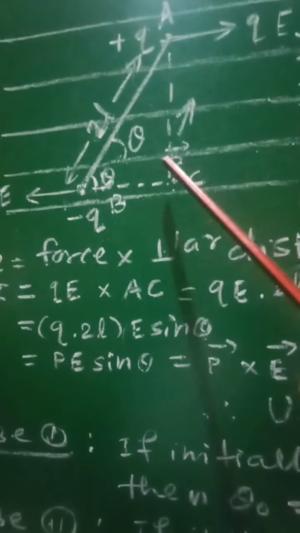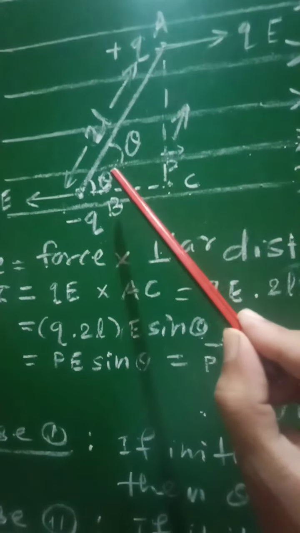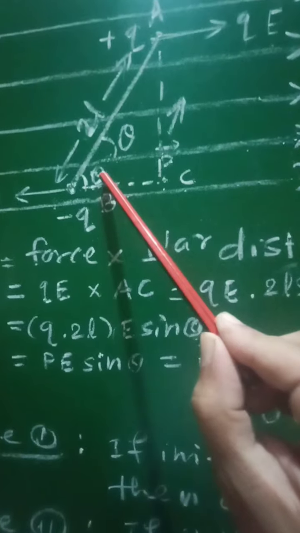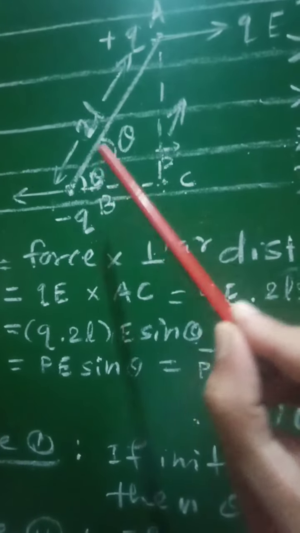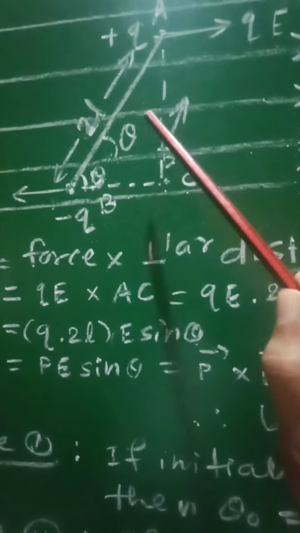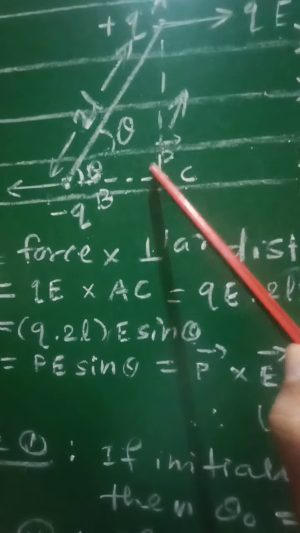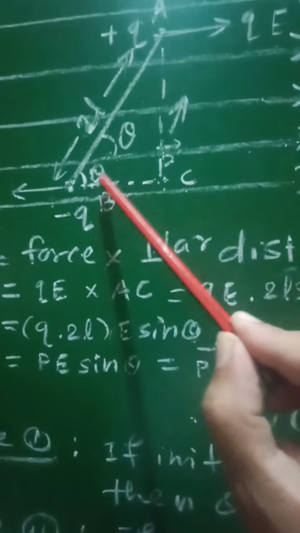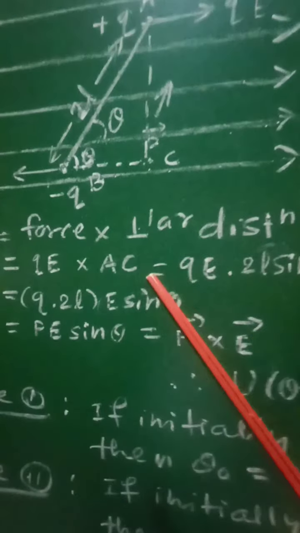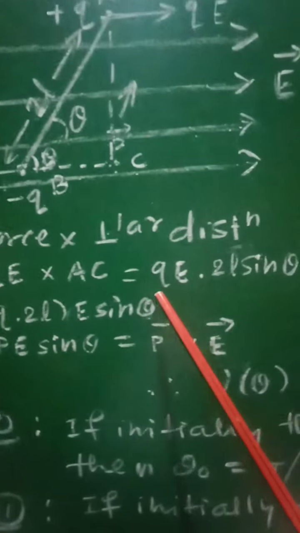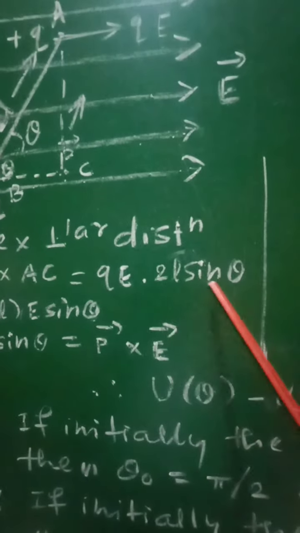From the geometry, AC represents the side opposite to the angle theta, and that's why we have to use sin theta. So sin theta will be equal to AC upon AB, but AB is 2l, and therefore AC will be equal to AB into sin theta, that is 2l sin theta, and therefore torque is equal to qE into 2l sin theta.